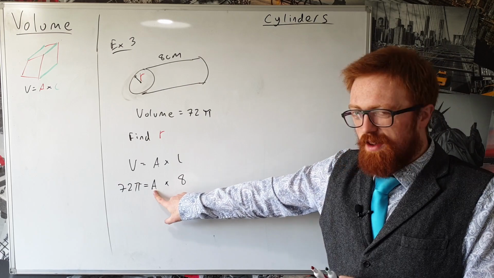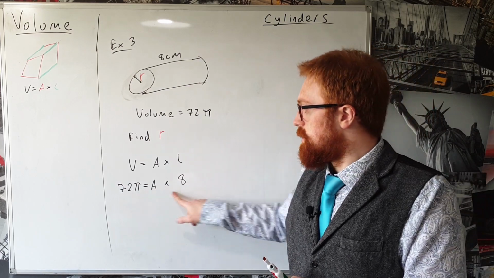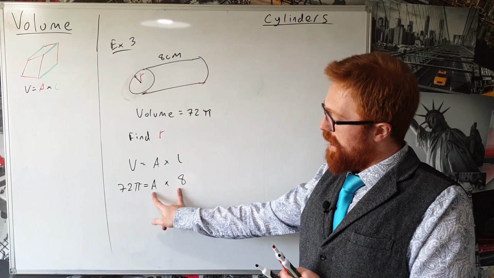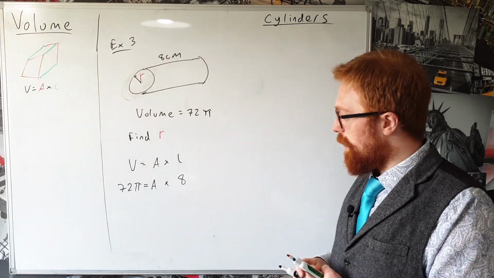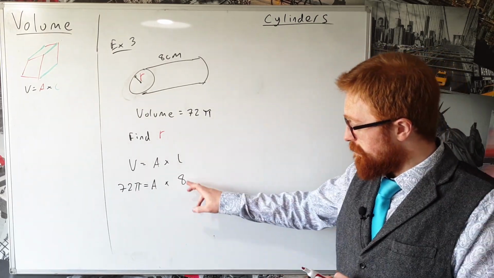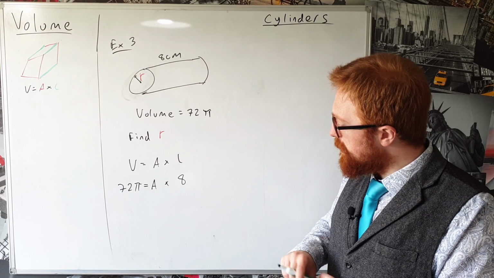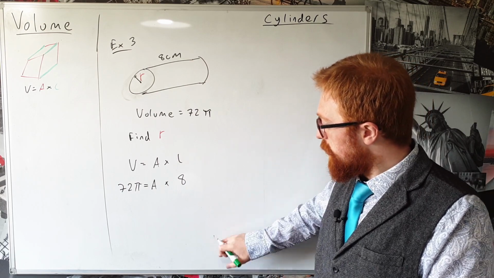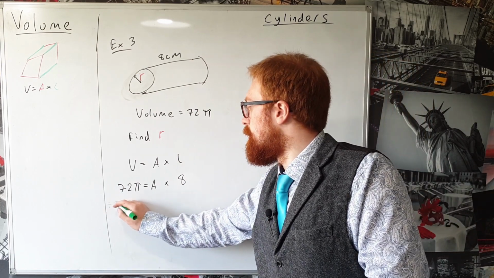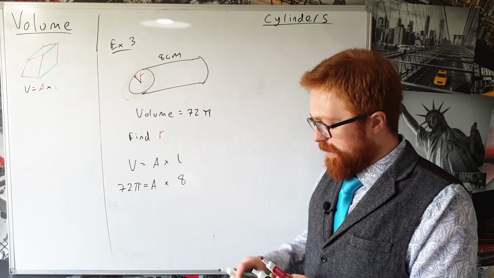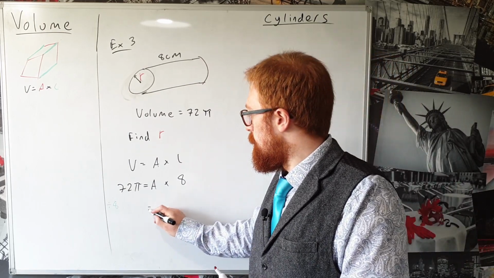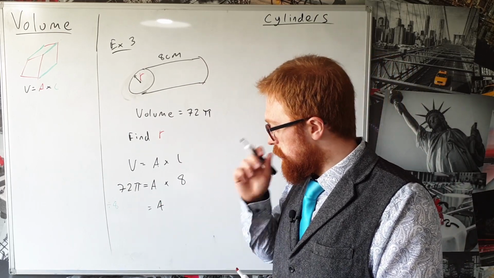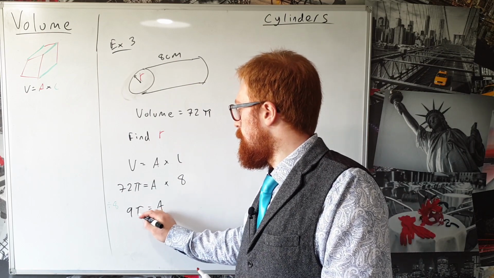What answer must they have got for the area to make the area times by 8 equal to 72 pi? So again, we can work that out by doing the opposite of this times by 8, and we divide by 8. So if we divide both sides by 8, we get rid of this 8 over here, and that leaves us with the area is equal to 9 pi.